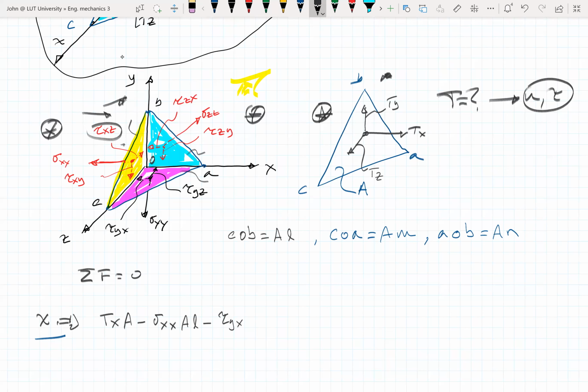Tau yx is applied on the purple or violet area, and that's going to be C, O, A. C, O, A is going to be A times M. And finally, the other shear stress is going to be tau zx times A N. And this is going to be equal to 0.